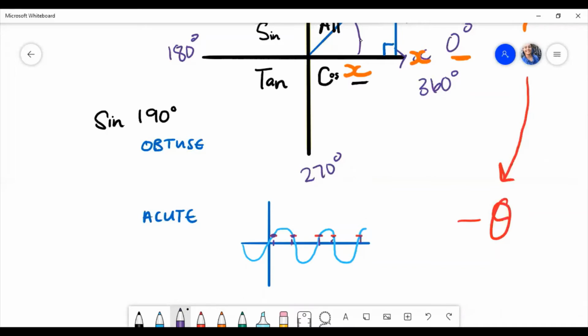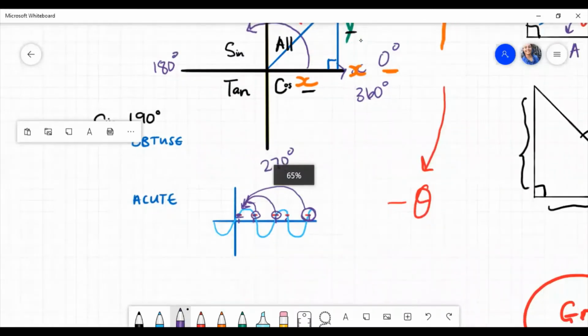So I can actually take this very big angle and reduce it to equal this very acute angle. Same for this one, back to the acute, same for that one, back to the acute, because they all end up having the same overall answer. So what does that mean for my CAST diagram?